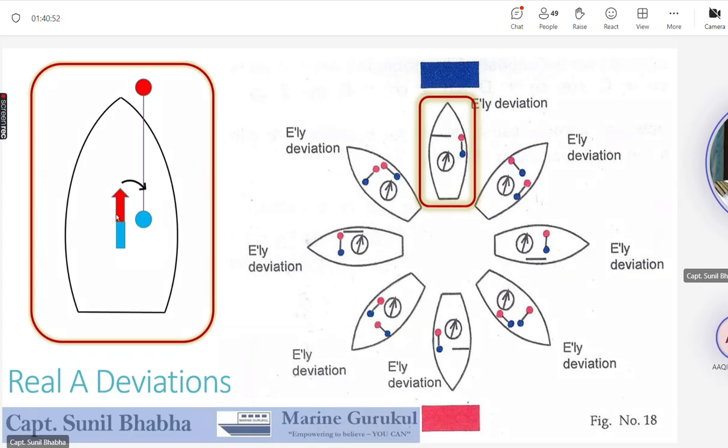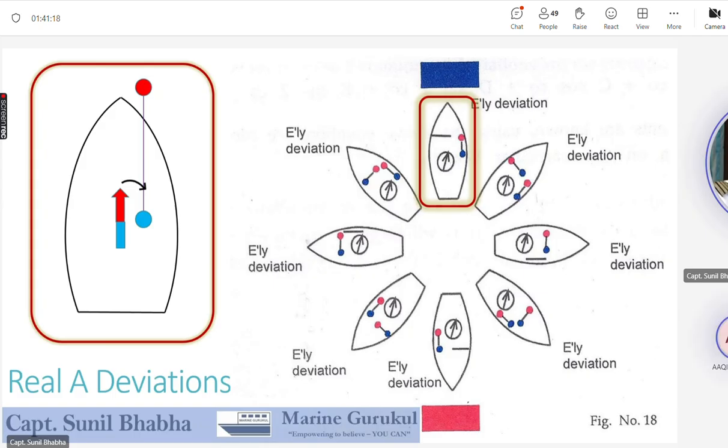The magnetic compass, I have colored the poles, red pole towards north and blue pole towards south. And the right side, which these balls represent, these are the horizontal soft iron induced magnetism. Yes, this is the HSI which is fitted on the ship, and the blue and red ends are the poles generated on that HSI because of the Earth's magnetic field.